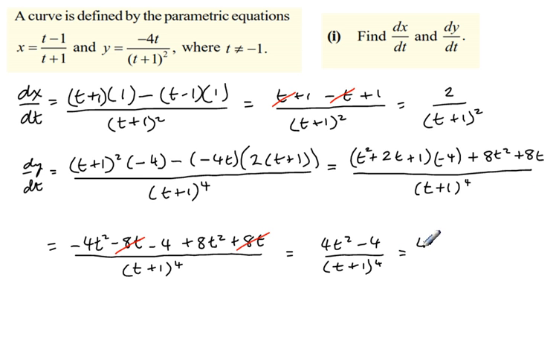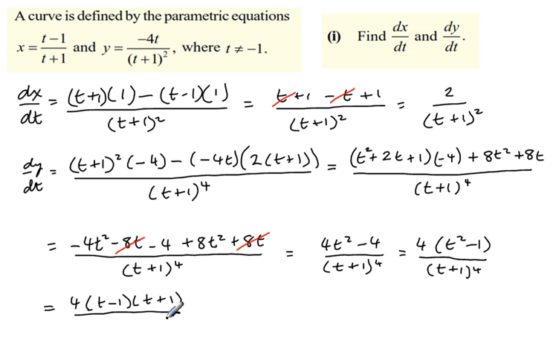Now if I factorize the top, I notice that the top is actually 4 into t squared minus 1, all over t plus 1 to the power of 4. Now this is where we get really clever. We should recognize that t squared minus 1 is the difference of two squares. So that can be written as 4 into t minus 1 by t plus 1.